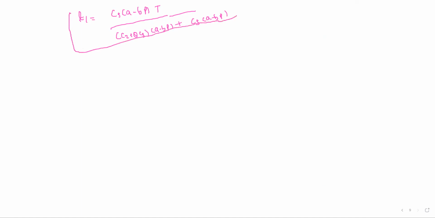So T1 will be, sorry, T1 will be Cs (A minus BP) T upon C2 plus theta C3 (A minus BP) plus Cs into (A minus BP). So this is the way.